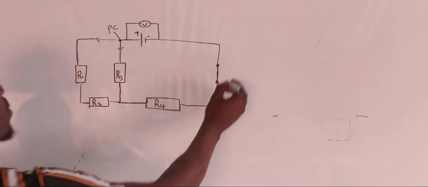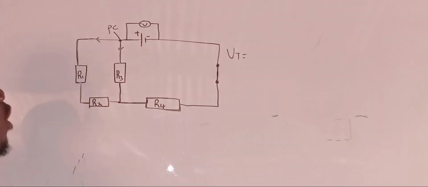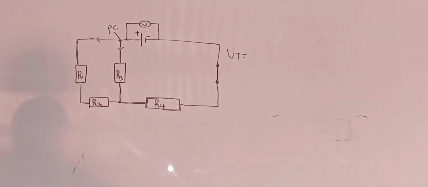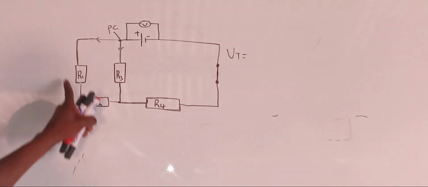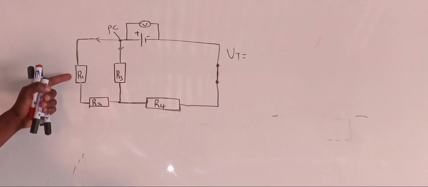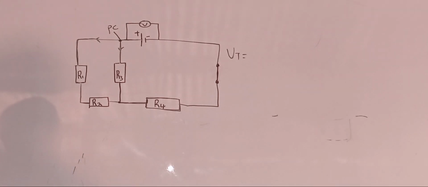For me to calculate V total, we can see that this is the combination of both connections. We have the parallel connection as well as the series connection. But inside the parallel connection, we have series connected resistors, meaning that I have to destroy them. How do I destroy them? You add the resistance given in resistor number 1 and the resistance given in resistor number 2.